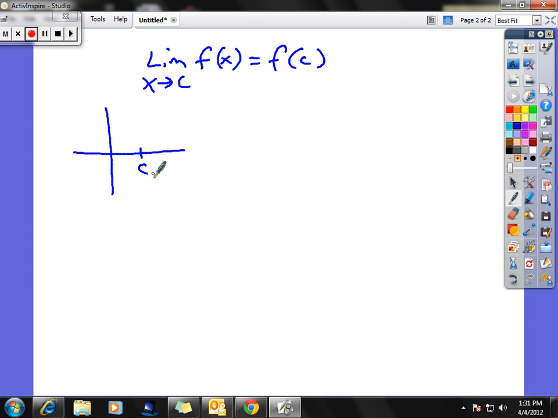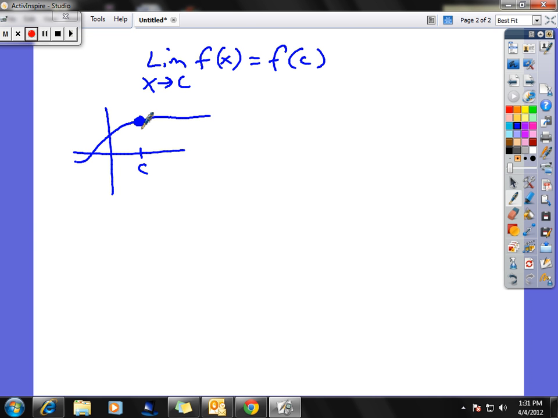So if you have a function, the limit as x approaches c exists, there might be a hole there, you can still have a hole with a limit, but what this says is that at that point, that limit, that y value, is also the function value, which means that's where the closed dot is also. So basically we're filling in that hole and then now it's continuous.